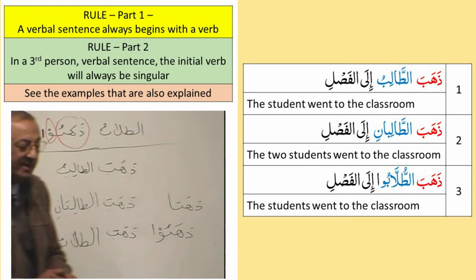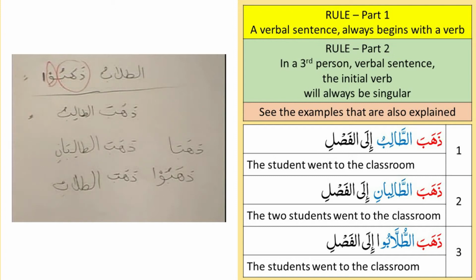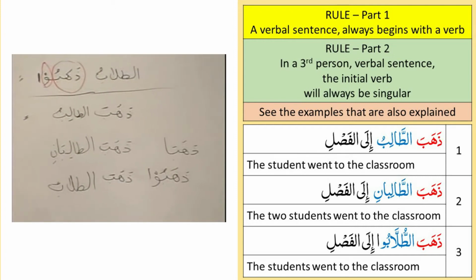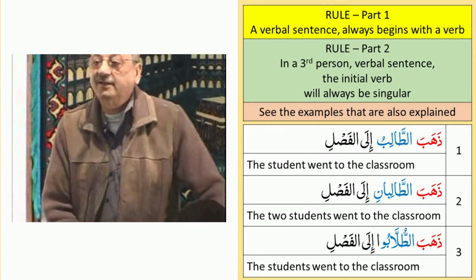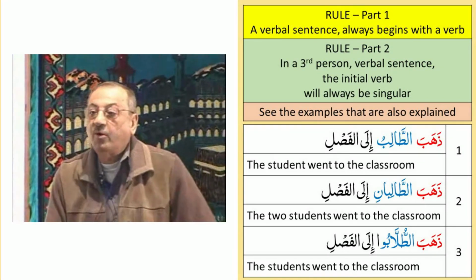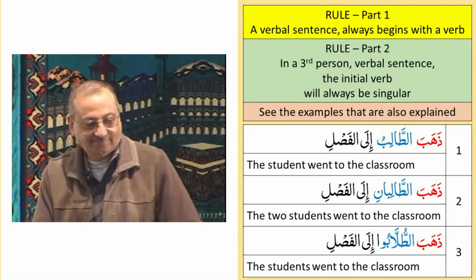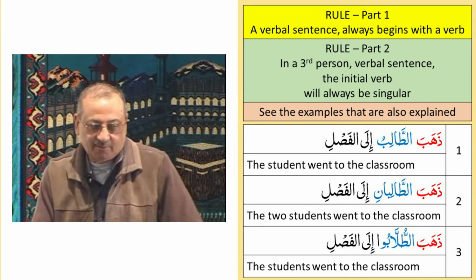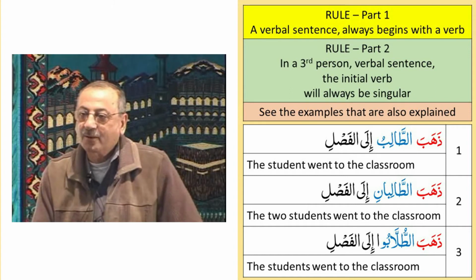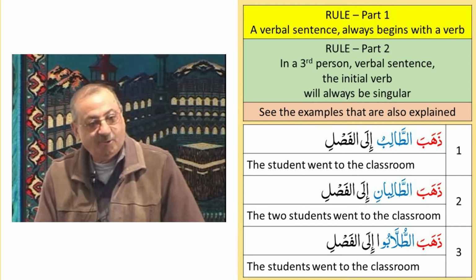So what do we understand out of it? We understand that if you start a brand new sentence, and if the verb is in third person, what kind of verb is third person? Huwa, huma, hum, hiya, huma, hunna.